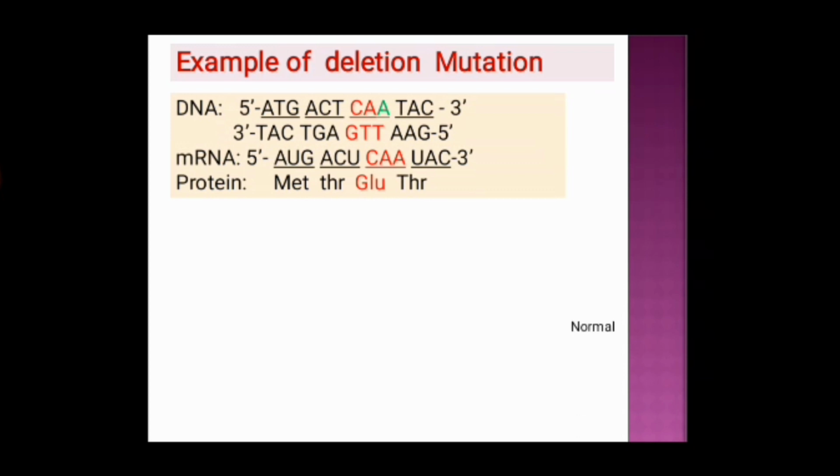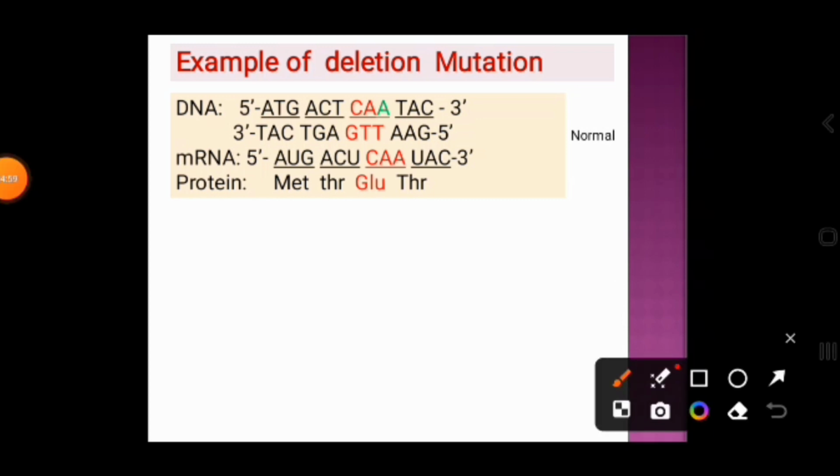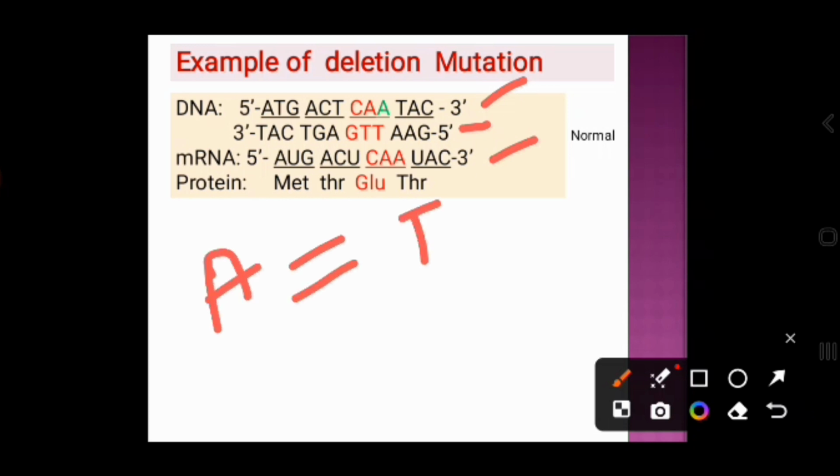Now let's discuss the deletion mutation with an example. This one is the normal or original version of the DNA and RNA sequence. Here it is the 5' to 3' DNA sequence, that is the sense strand, and this is the antisense strand, and this is the 5' to 3' mRNA sequence. The 5' to 3' DNA sequence is hydrogen bonded with a 3' to 5' DNA sequence. A pairs with T by 2 hydrogen bonds, G pairs with C by 3 hydrogen bonds.